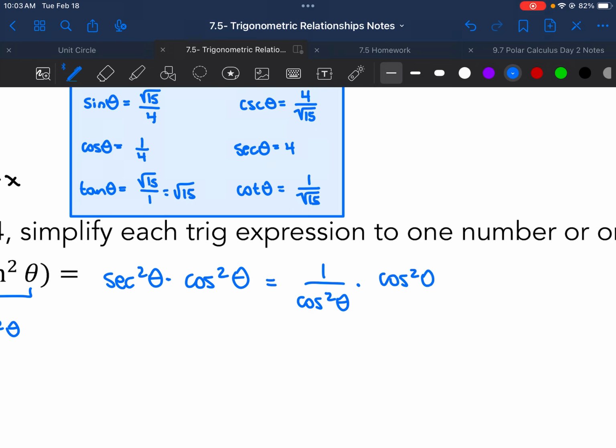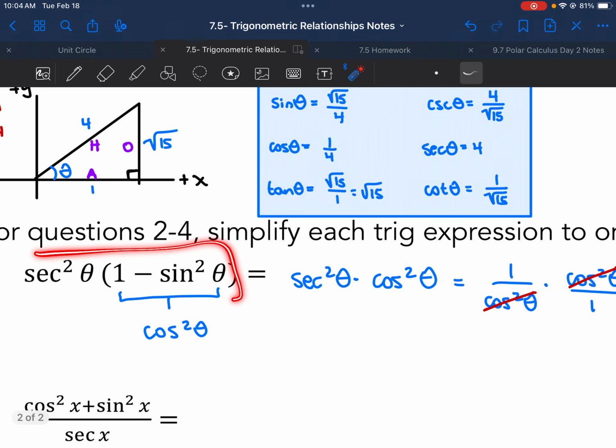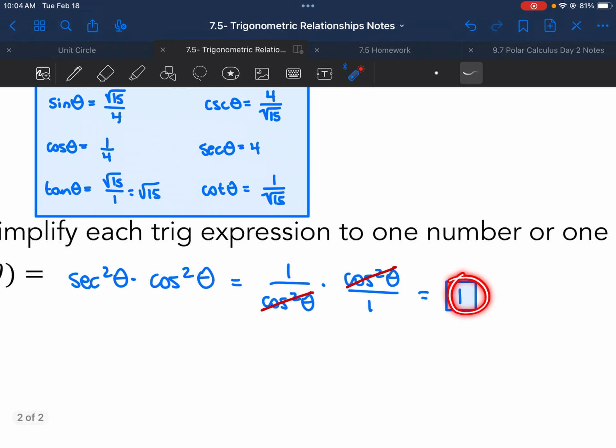I am, however, going to write it as cosine squared over 1. There's an implied 1 underneath. Now notice cosine squared of theta in the denominator cancels with cosine squared of theta in the numerator, and all we have left is 1 divided by 1, which is equal to 1. So this whole thing simplified to give us 1.